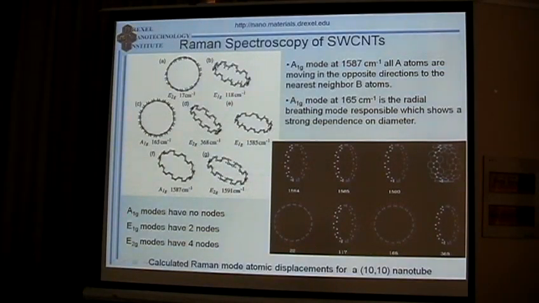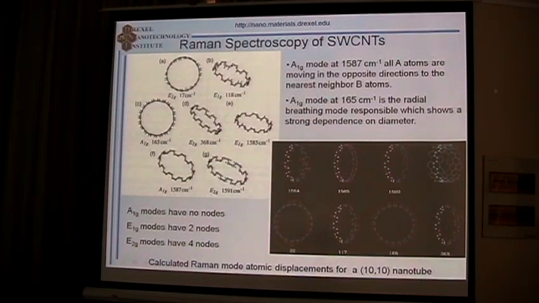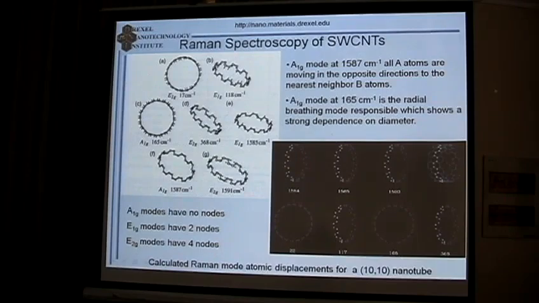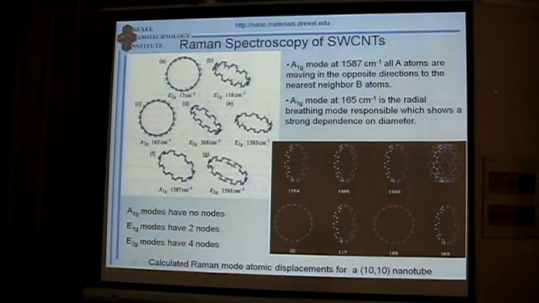Naturally, carbon nanotubes, very similar to fullerenes, will have a variety of vibrational modes. Because in addition to in-plane vibrations, you have now breathing modes, because they can breathe. Also, you have different modes within the layer of tubes, because you bend the graphite sheet here.